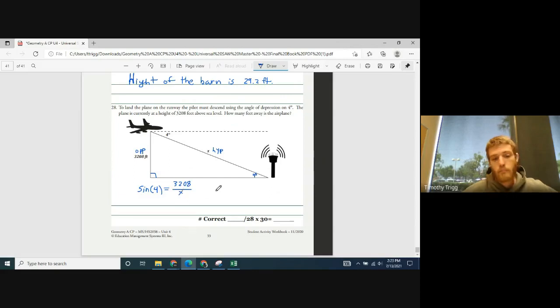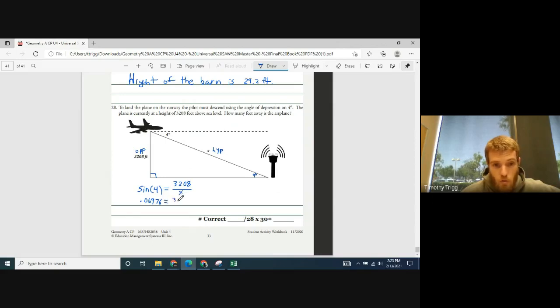So I'm going to do sine of 4, which gives me, since I'm working with very large numbers, I'm going to go a few extra decimal places, 0.06976, we'll say, equals, and on this side, nothing's changed.